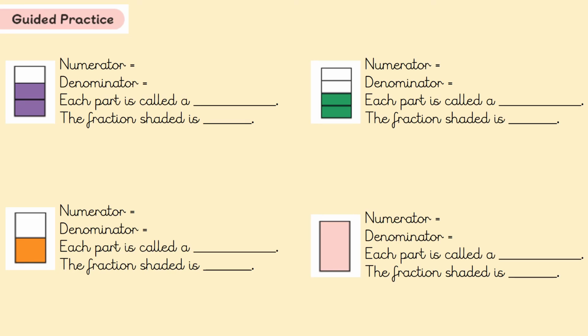So, for your guided practice, I would like you to have a look at these 4 shapes and tell me what is the numerator, what is the denominator, what each part is called, and what fraction is shaded. So really think carefully about what those words numerator and denominator mean. I know they're long words and they're very tricky to say.